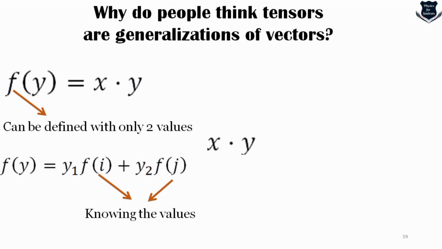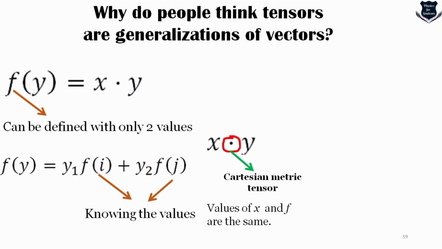Now, the problem is that here the values completely define x as well as f. If this dot is especially the Cartesian metric tensor, then the values of the representation of x and the values of the representation of y are exactly the same. You got it?